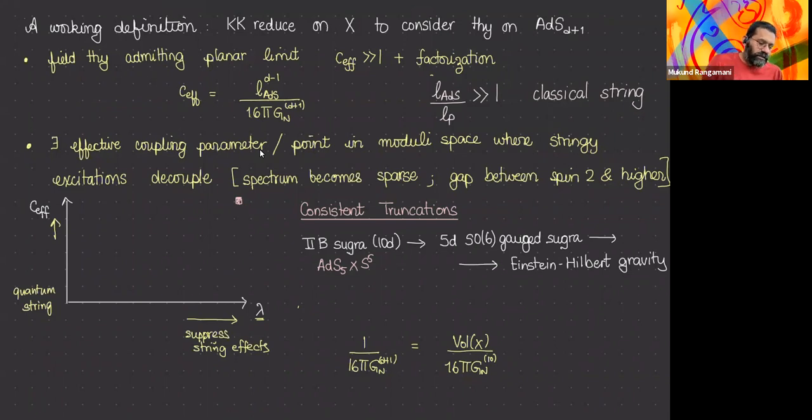Okay, so I won't write an action here because over time I'll write various actions. But the way I'm going to think about the problem now is a gravitational theory in AdS which will be given by a d plus 1 dimensional gravitational action.